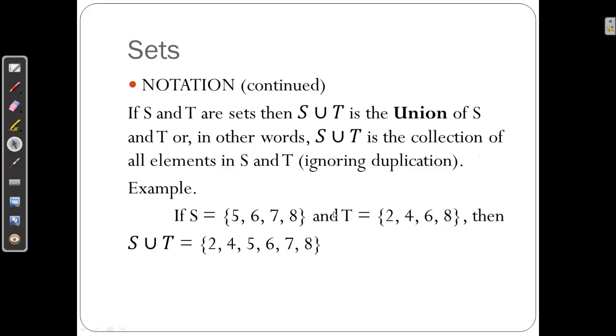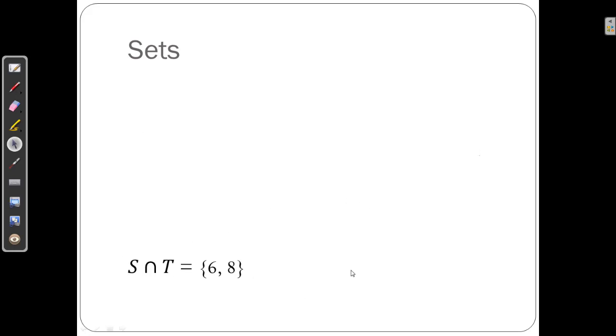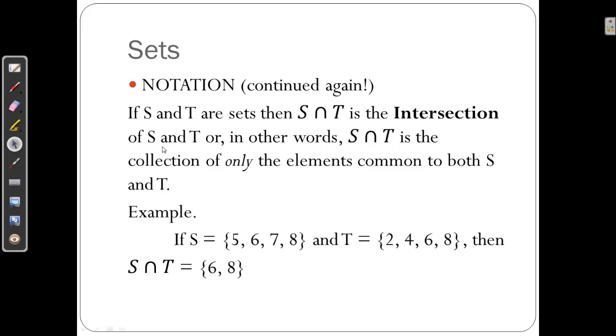Notice I only wrote the common elements, 6 and 8, once. That's what I mean by ignoring duplication. It's a similar symbol for intersection. The intersection of S and T is the set of only the common elements. In 5, 6, 7, 8 and 2, 4, 6, 8, the only common elements are the 6 and the 8. Thus, S intersect T is 6, 8.